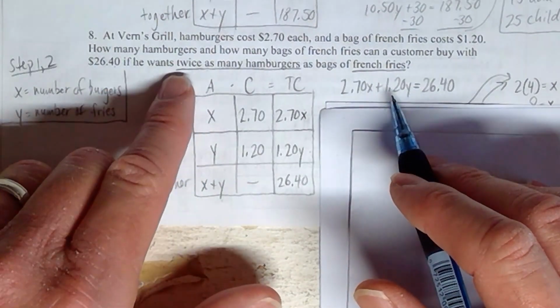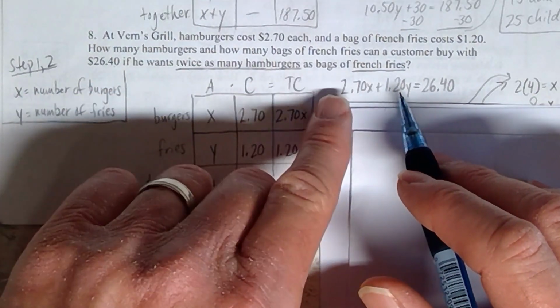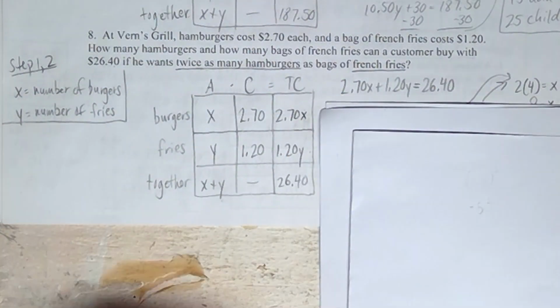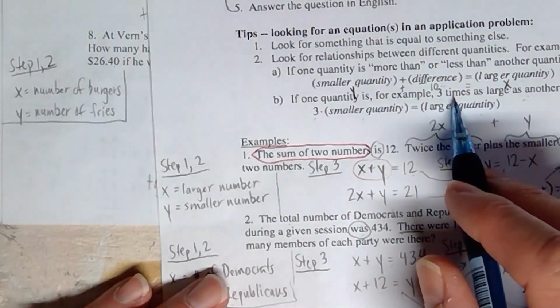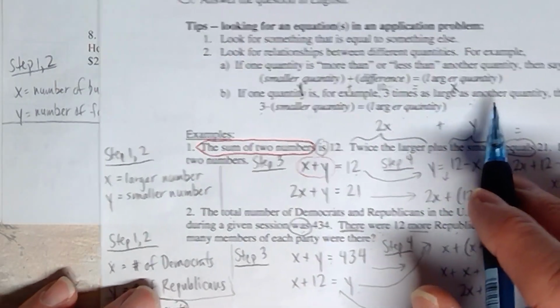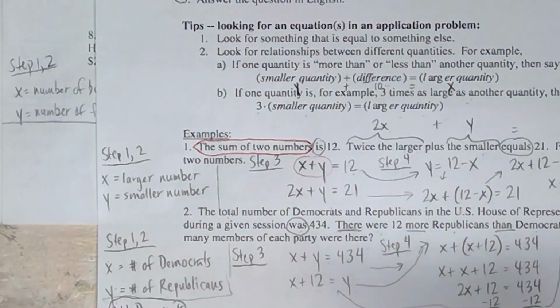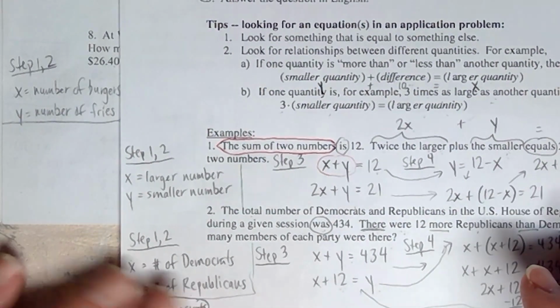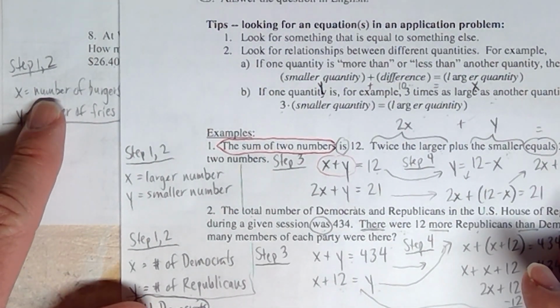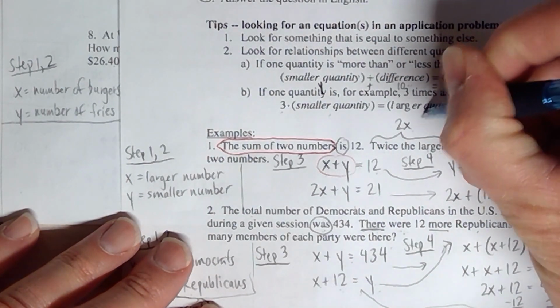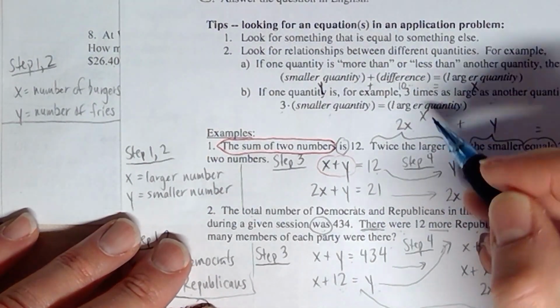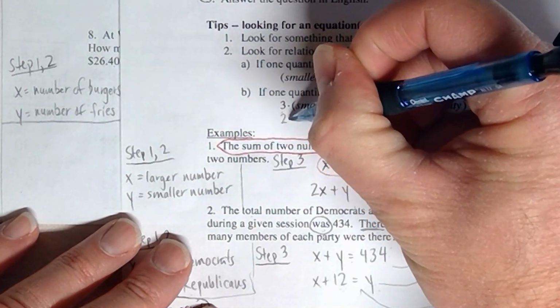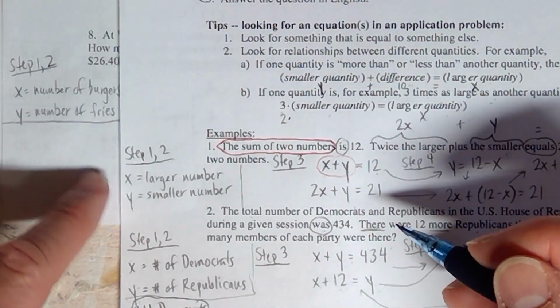That's where this thing comes in again, where it says twice as many burgers as fries. So let's go back to that sheet that I was showing you. If something is 2 times larger than something else, then you look at the two things that are being compared, which is the number of burgers and the number of fries. The number of burgers is the larger one, and so we put that here, X, and we put the 2 here since it's 2 times as much, not 3 times as much this time.